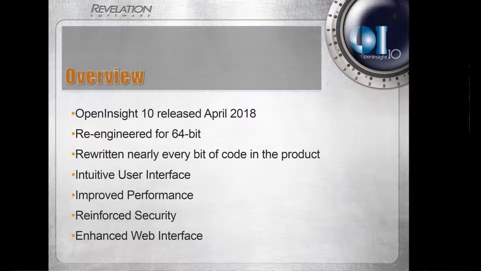We wanted an intuitive user interface, which we thought was very important, and Mike's going to speak about that coming up in the webinar. We wanted improved performance so we can get more speed out of the product, and reinforced security and an enhanced web interface. To do this undertaking, we've almost rewritten every piece of code in the product.